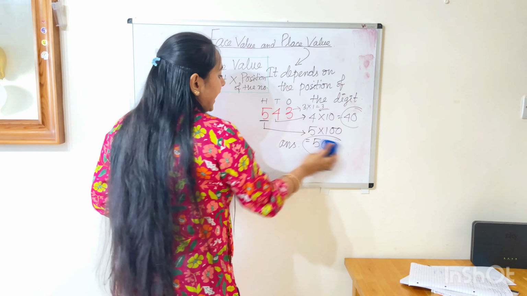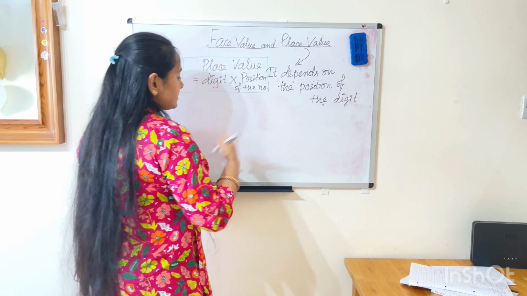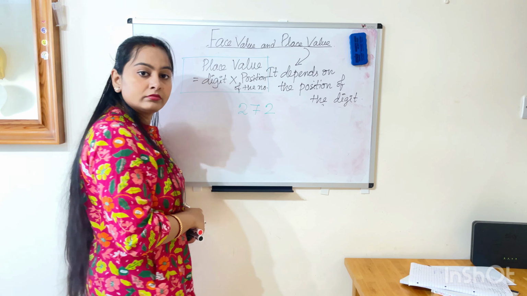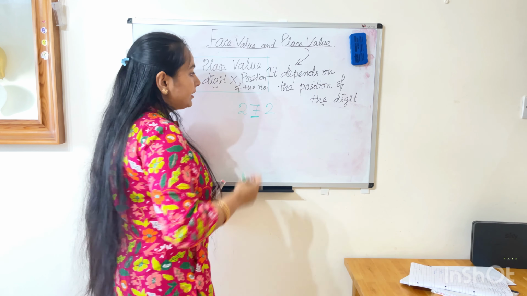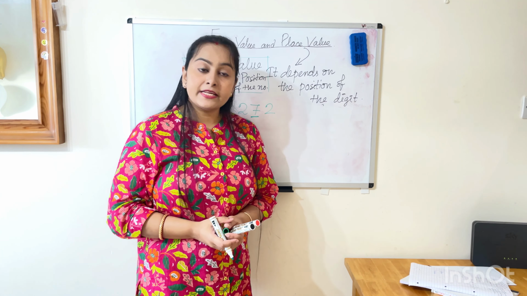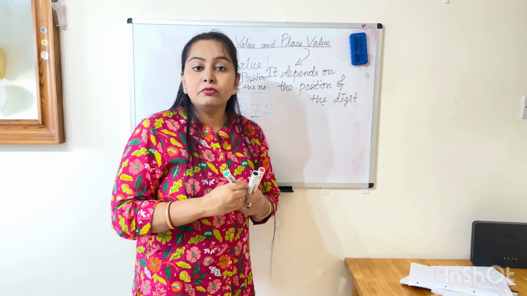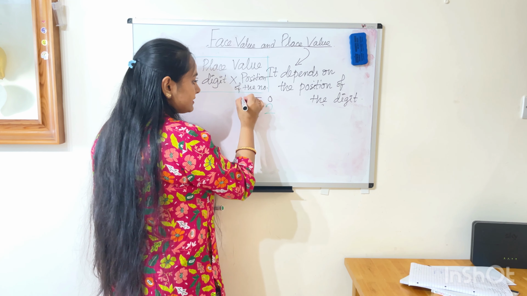Now I'll take another example. Suppose 272. Okay. I have asked you to find out the place value of 7. So let me know, 7 is at which position? 7 is at the tens position. Ones, tens, 100.